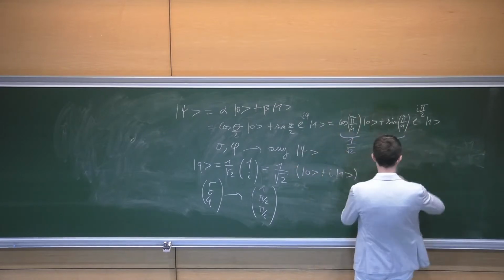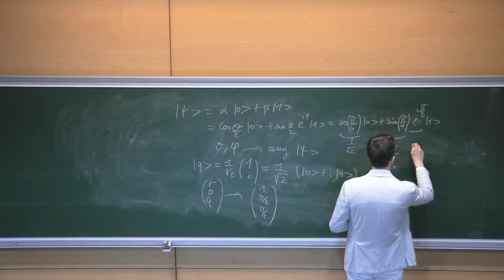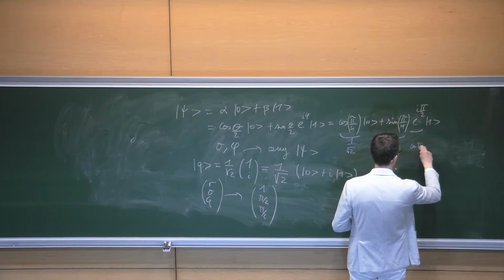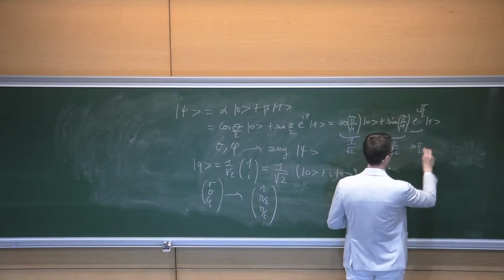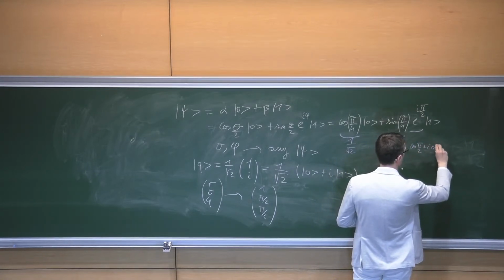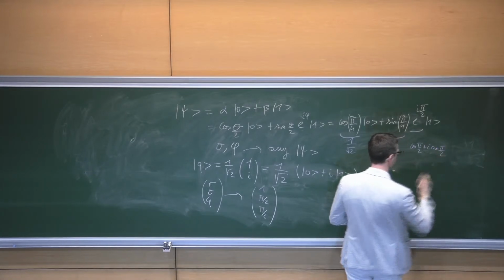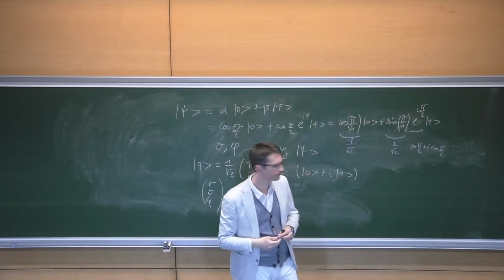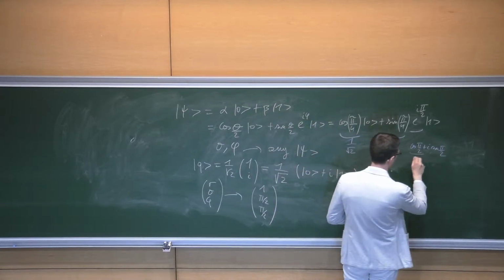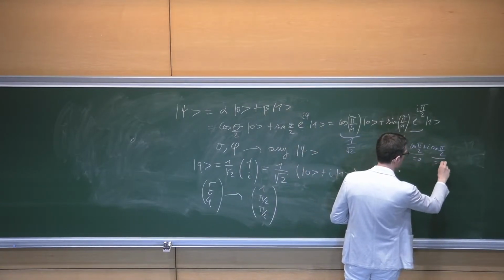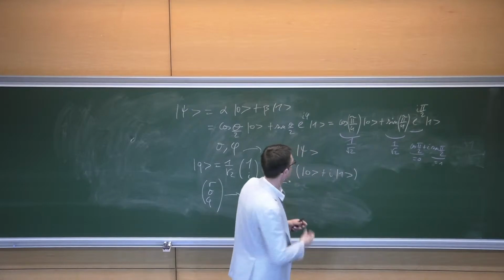And this is cosine pi over 2 plus i sine pi over 2. And this is 0, and this is 1. So here we go.